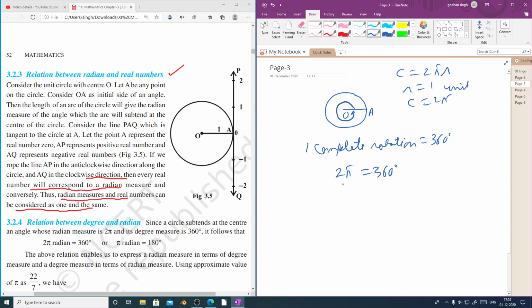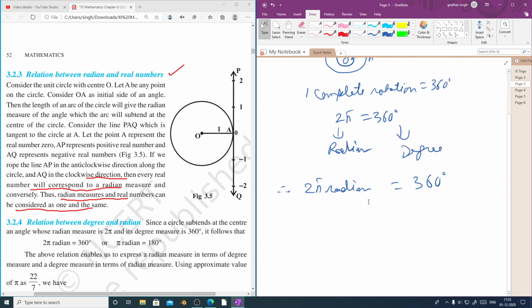So we say that 2 pi equals 360 degree, this is in radian and this is in degree. So 2 pi radian is the same as 360 degree. So this is what we have got, and let us write down this equation. Therefore we can say that 2 pi radian equals 360 degree.